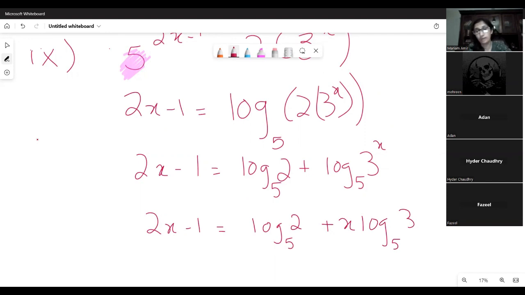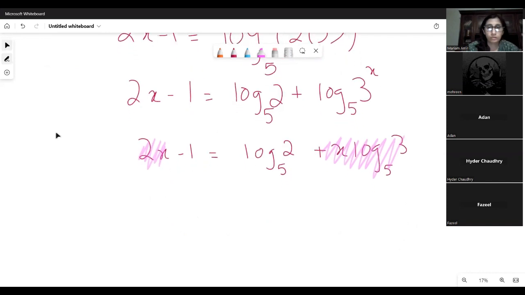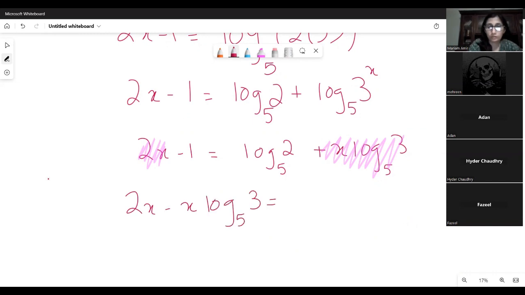Now we have to find the value of x. So bring both the x terms to the same side and bring the constants to the same side. So 2x minus x log base 5 of 3 is equal to log base 5 of 2 plus 1.